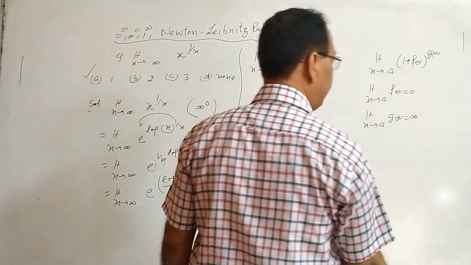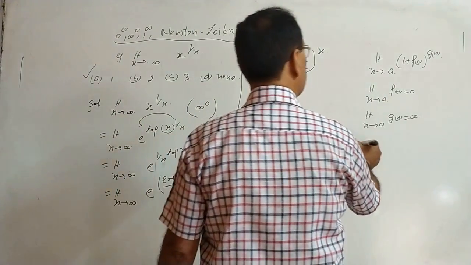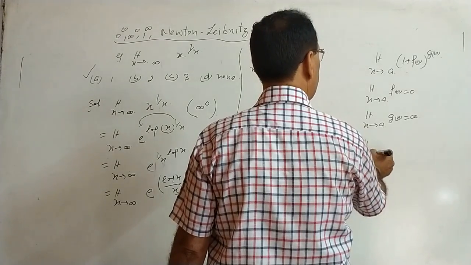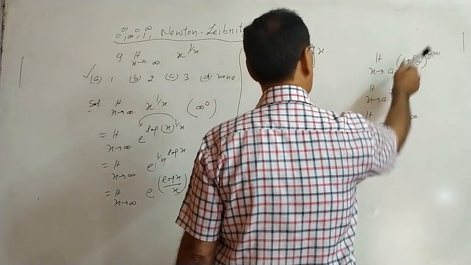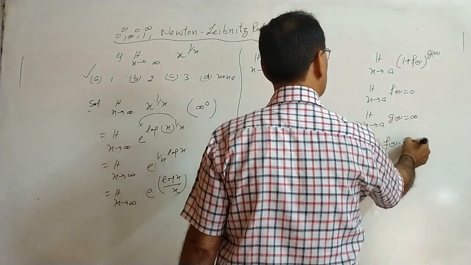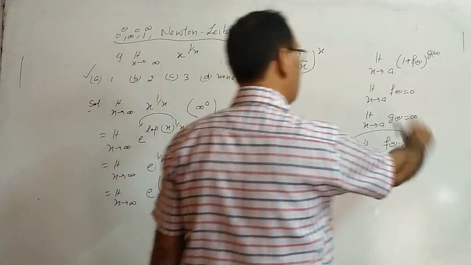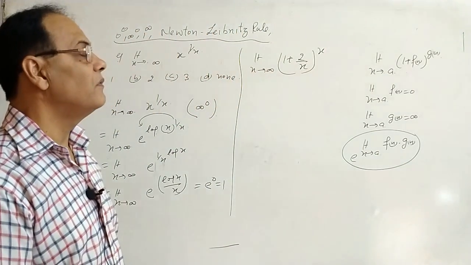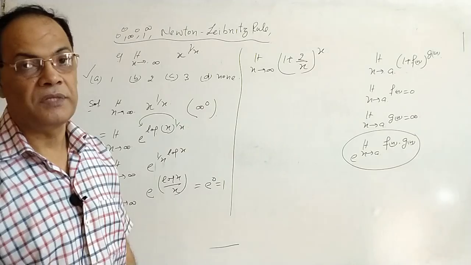Now a very short trick we can use to evaluate its limit is e raised to power limit x approaches a of the multiplication of f of x as well as g of x. Now this result will be your required result to evaluate the limit of this type of function.